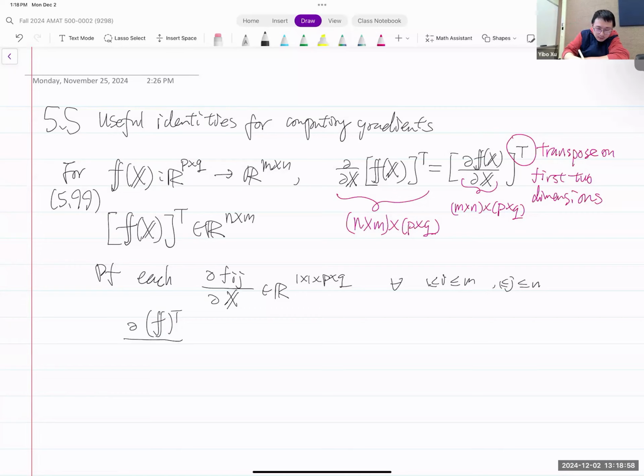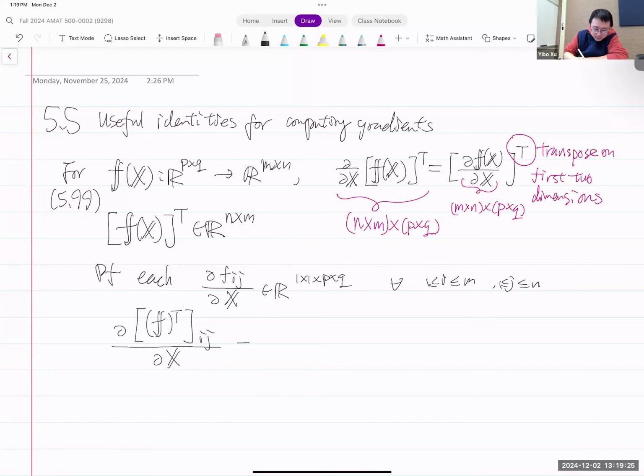So let me choose the element ij, and this is the scalar output again, and then I take the partial derivative. This is the same dimension, but to construct the left-hand side, I just need to go over all the ij pairs and stack them up, in the corresponding manner. This is the correct manner.